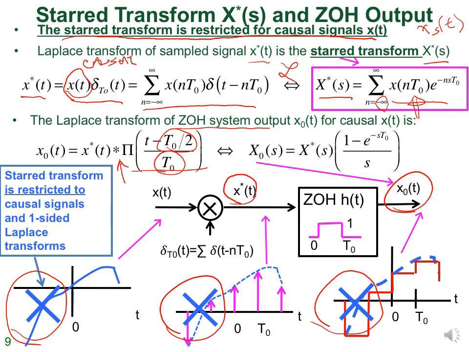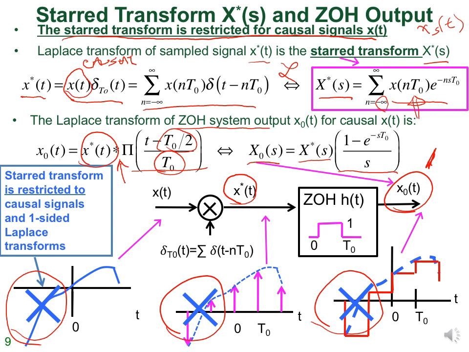And so we just denote that as x0 of t, the output of the zero order hold. So now we can take the Laplace transform. The x0 of s is our output spectrum out of the zero order hold. So it's the starred transform of the signal x of t, that's just the Laplace transform x star. And then since it's a convolution in time, I multiply it by the Laplace transform of a zero order hold, which is 1 minus e to the minus st0 over s.